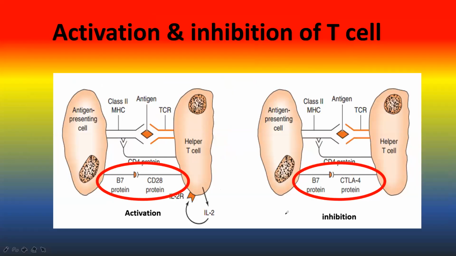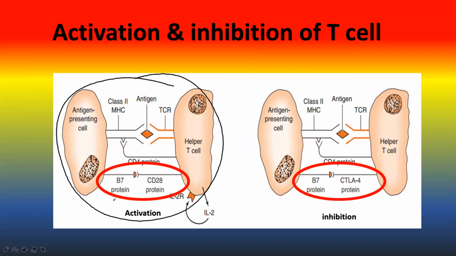Let's see more clearly. When you need defense, the T cell is active: B7 with CD28, and the T cell becomes active. Killing done. Bacteria killed. Virus-infected cell killed. When the job is done, we need to inhibit that cell.